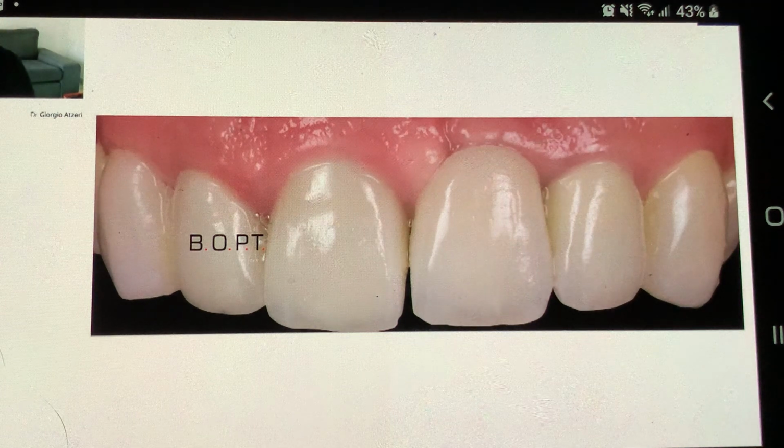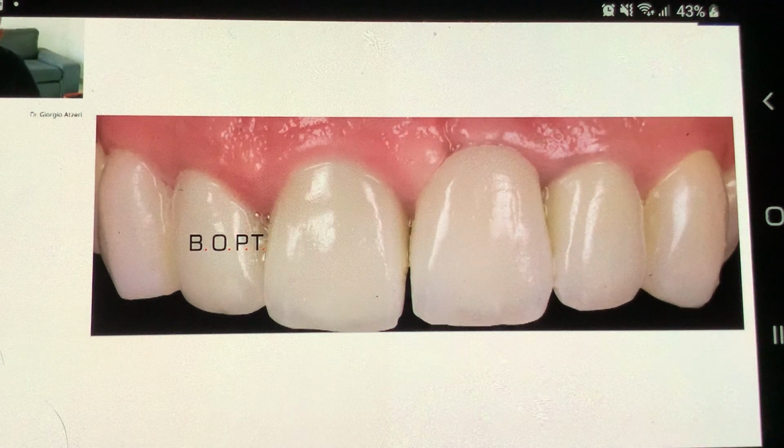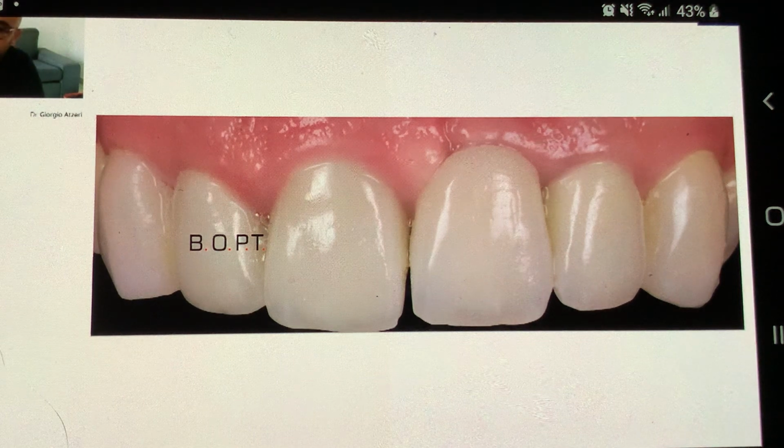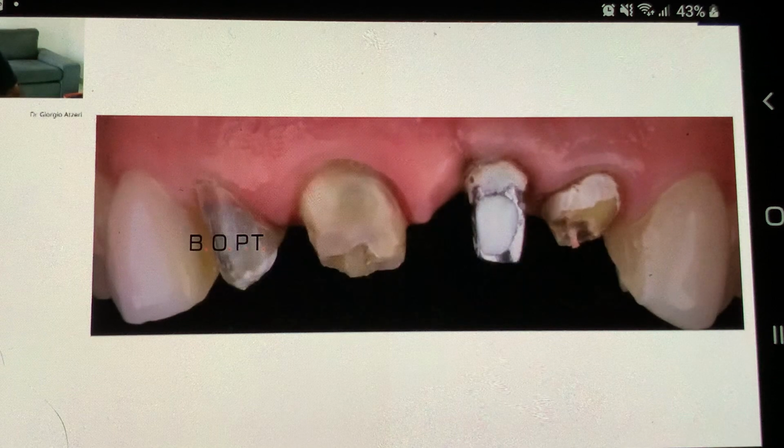Aesthetics is based on a balance between hard tissues, the smile and the lips, and also hard tissues and soft tissues and the gums. In this case, for example, the patient came to my practice because he had seen that in a short time, actually 2 years before, he had done this job, and the relationship between soft and hard tissues had been altered due to the position and the inflammation.